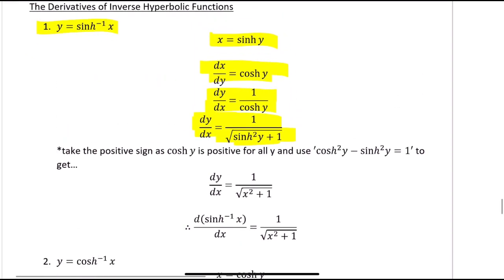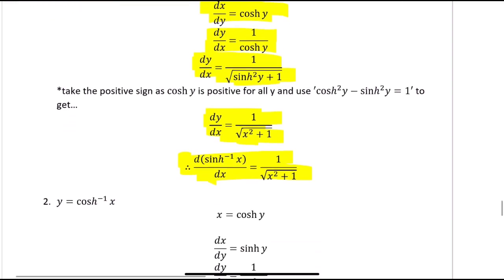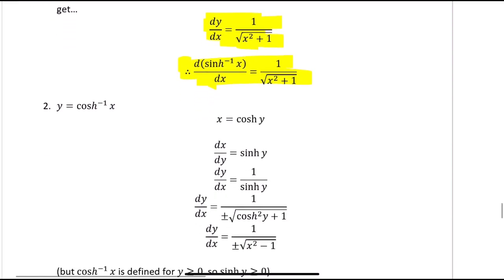So when you differentiate, your dy by dx is 1 over the square root of x squared plus 1. So your derivative of inverse hyperbolic sine is equal to 1 over the square root of x squared plus 1.